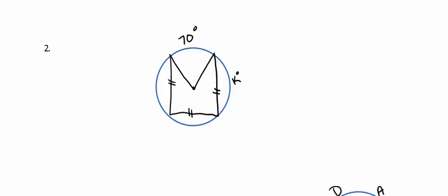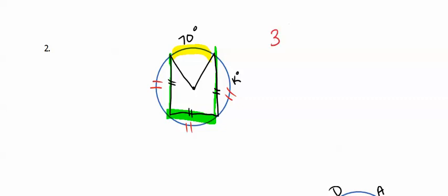And here's our second example. Given the following diagram, we want to find the arc K. So we know that this arc right here is 70 degrees, and then we know that these are all congruent, which then tells us that these three arcs have to be congruent.